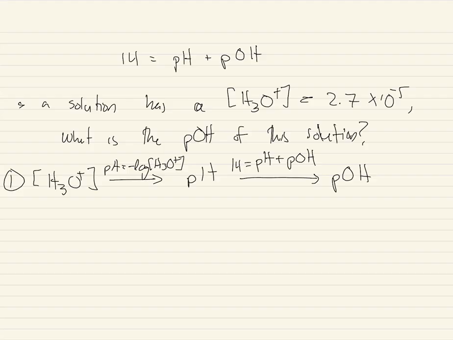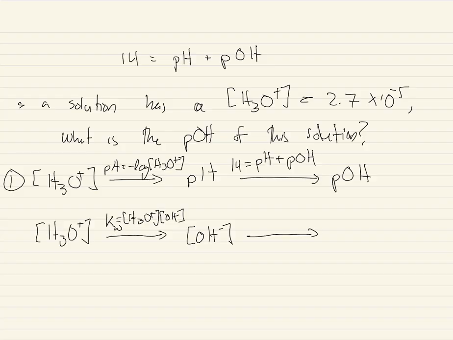Does anyone have another way? Or did anyone do it a different way? Yeah, we could use Kw, right? If we start from H3O plus, we can use Kw equals H3O plus times OH minus, right? And what can we use that to solve for? OH minus. And then once we have OH minus, we can calculate the pOH how?